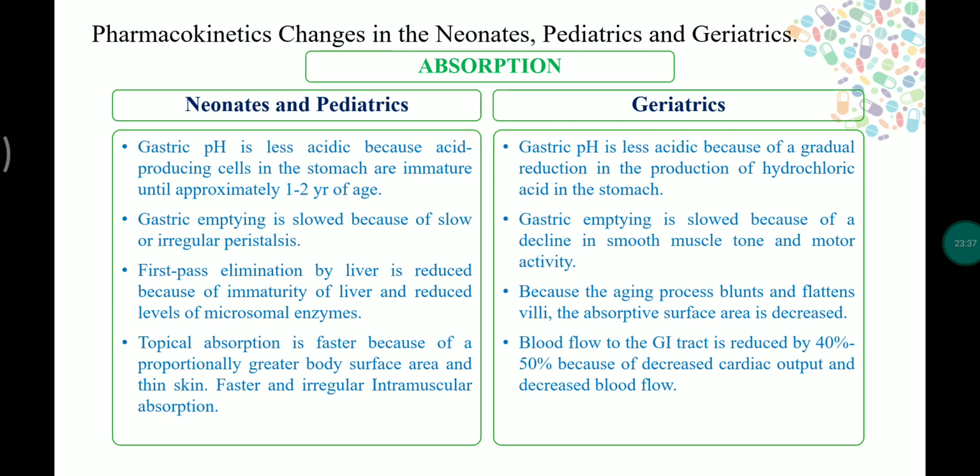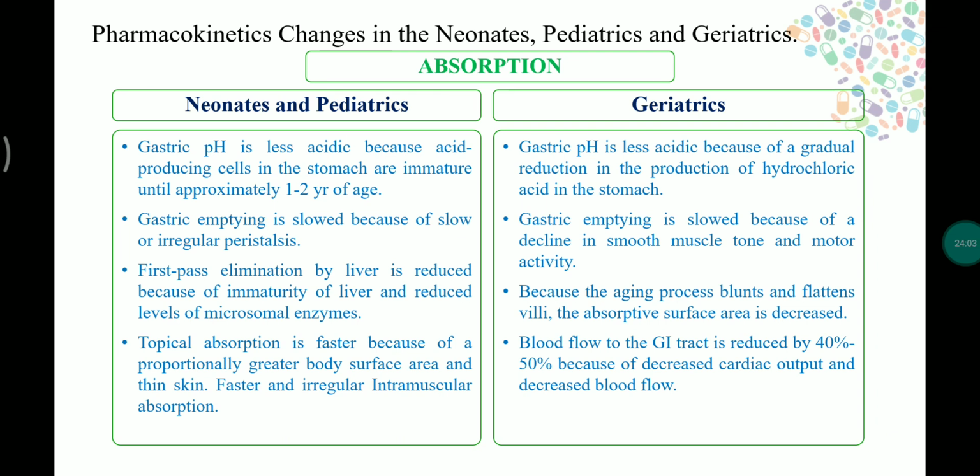So absorption varies because of this pH. Gastric emptying is slowed because of an immature GIT or irregular peristalsis, whereas in geriatrics the activity is declined, so gastric emptying is slowed.